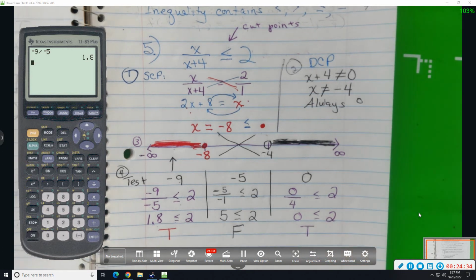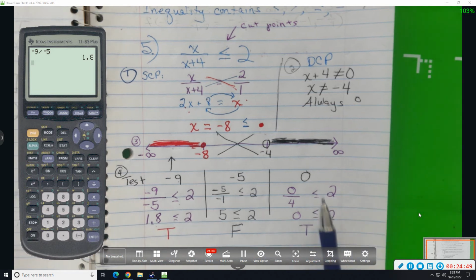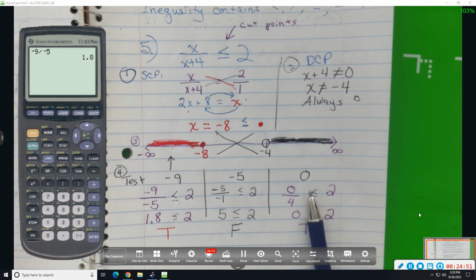This is the only time that I'm going to test every interval. My usual pattern is I'll ask, okay, where is 0? As long as 0 is not a cut point, it's usually the easiest to plug in. But you can really use any number as long as it's not a cut point. You can't plug in cut points.